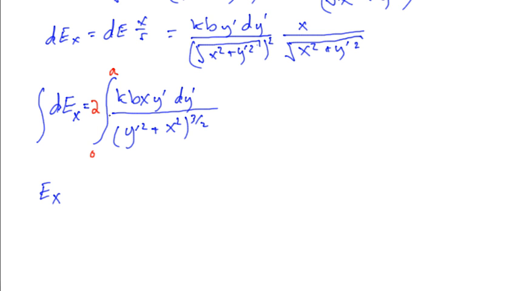Again, the factor of 2 comes from the symmetry argument. And limits just from 0 to a, rather than from minus a to a.